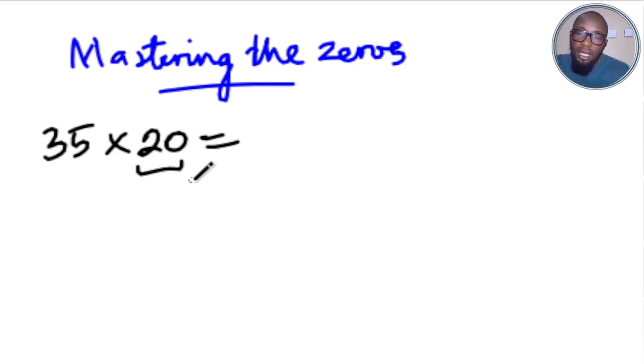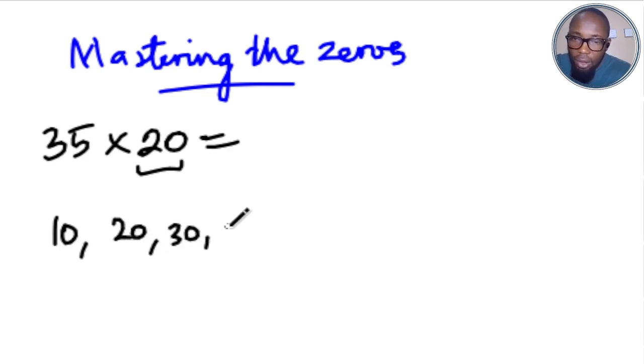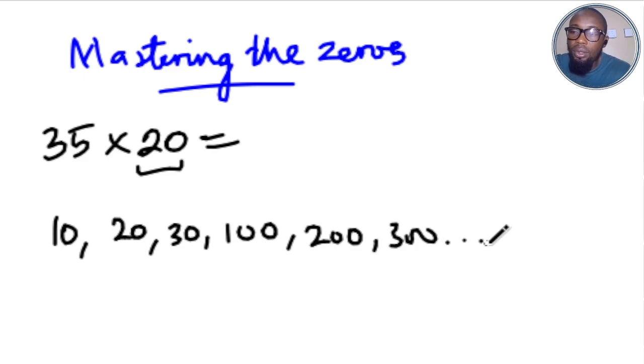When I say multiple of 10, I mean numbers like 10, 20, 30, even 100. 100 is a multiple of 10, and 100 is also a multiple of 100. So 200, 300, and so on. And even 1000, 2000, these are multiples of 10 and more, lots more.